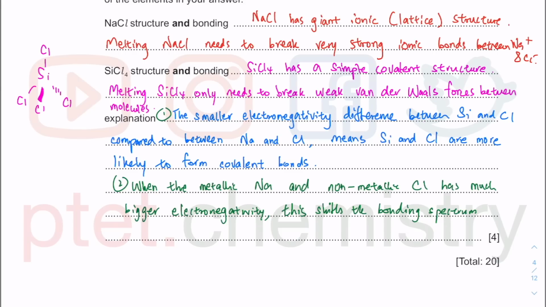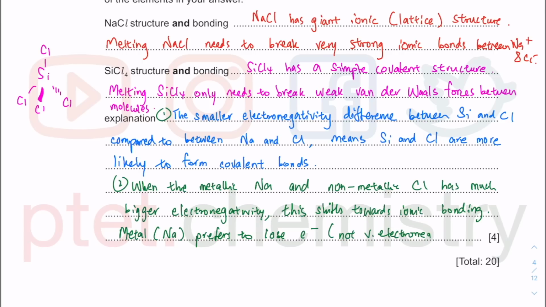But in general, when you have a metal and a non-metal, they prefer the ionic bond, towards the ionic bonding regime, and that is because the metal sodium prefers to lose electrons, so not very electronegative at all, whereas your partner, the non-metal chlorine, is much more electronegative than the metal.